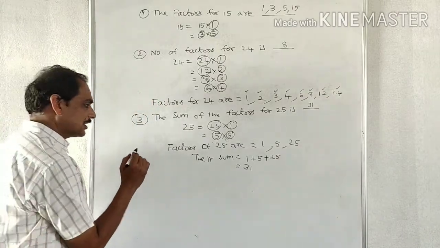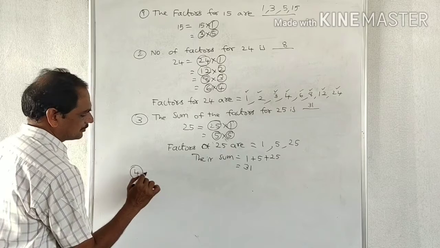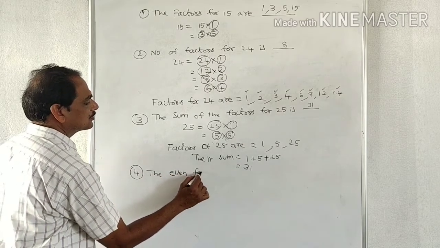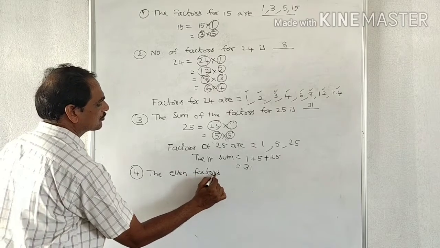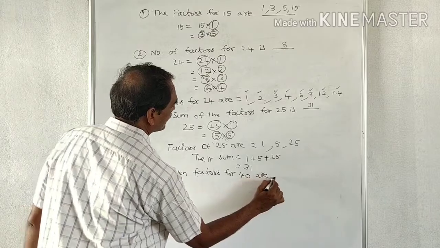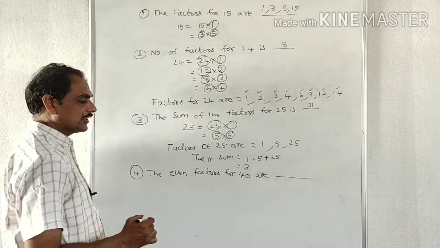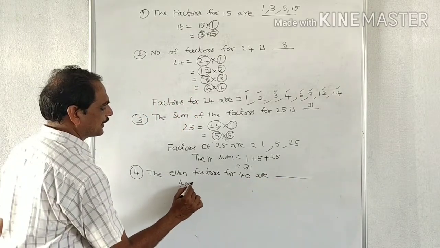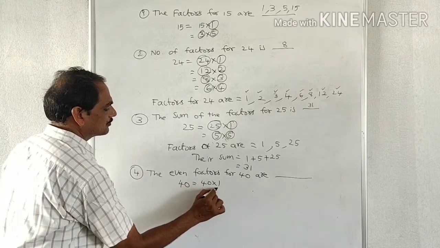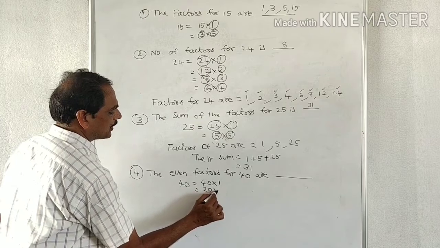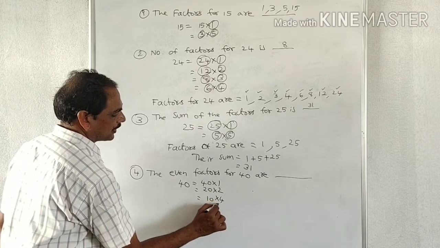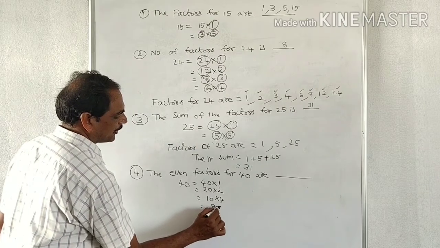Next, the even factors for 40. The even factors for 40 are dash. Here also we first find the factors for 40. 40 ones are 40, 2 twenties are 40, 4 tens are 40, 5 eights are 40.